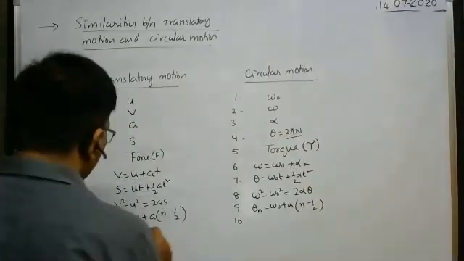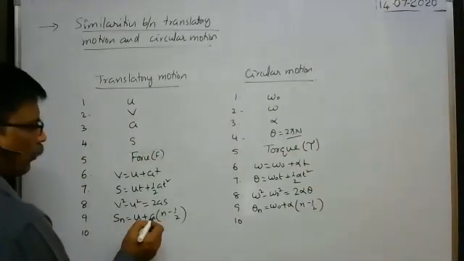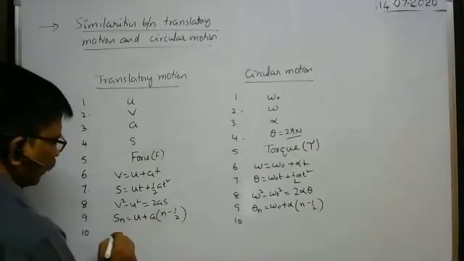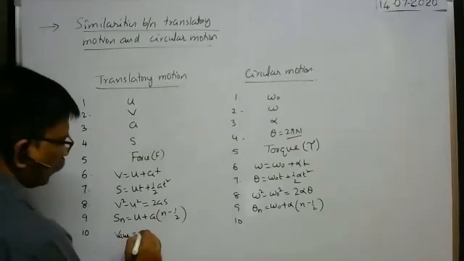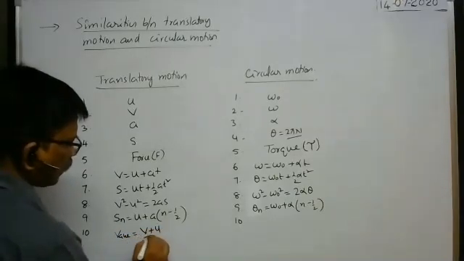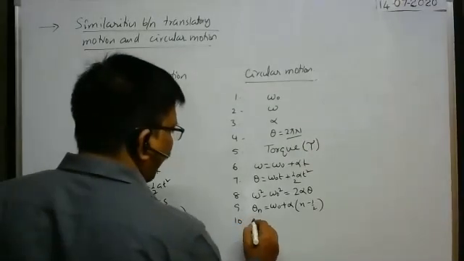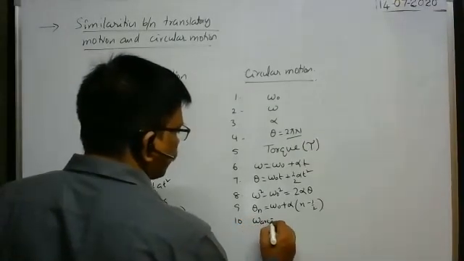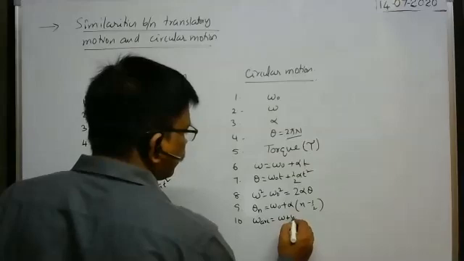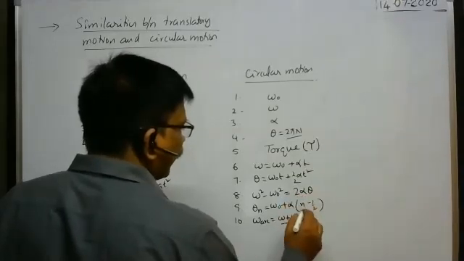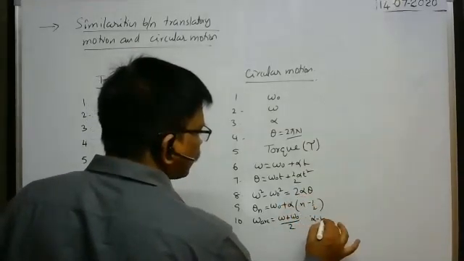So whenever the body travels with uniform acceleration, the average velocity of the body is equal to final velocity plus initial velocity by 2. Here also we can write average angular velocity is equal to final angular velocity plus initial angular velocity by 2. It is the case whenever angular acceleration is constant.